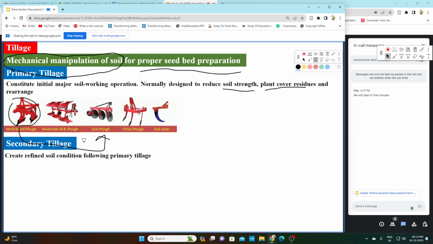So to level that land or to create refined soil conditions, following primary tillage we do the secondary tillage operation. And as primary tillage is a major soil working operation, secondary tillage is not a major soil working operation. We generally only level the soil. That is secondary tillage.